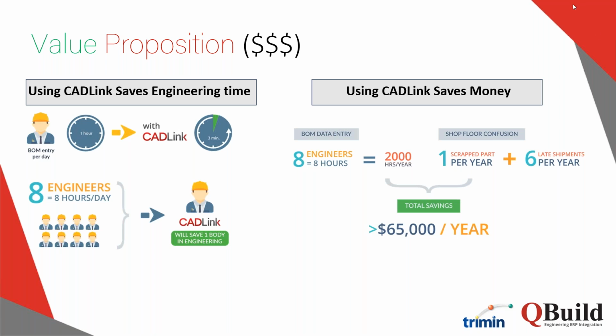And then you also have maybe 6 late shipments per year as well. And with the introduction of CADLink, you're again reducing that time from over 2,000 hours per year to just a couple hours per year, and you're eliminating a lot of that shop floor confusion. So that's adding up to over $65,000 per year in total savings.